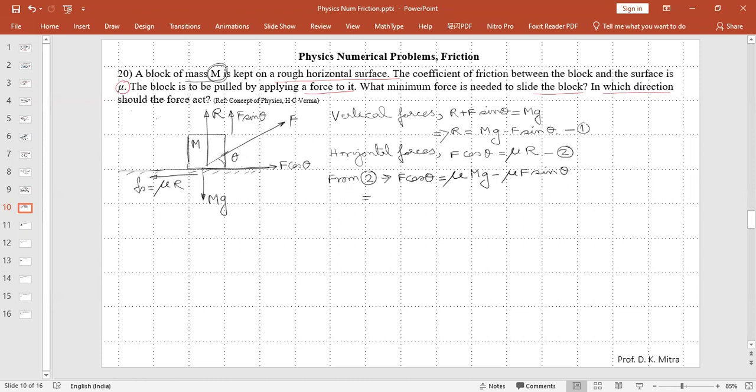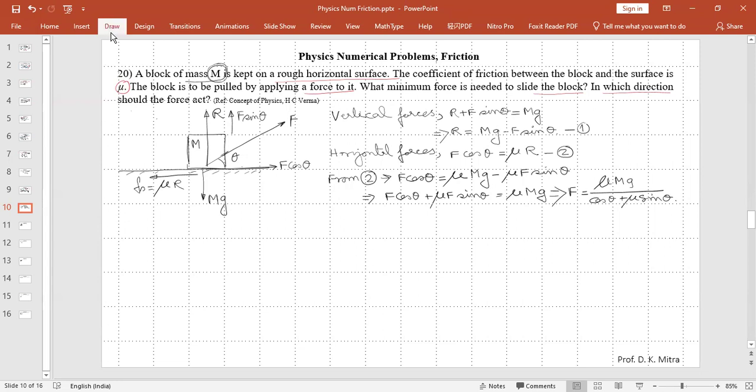From here we get F cos theta plus mu F sin theta is equal to mu Mg. What we get is F is equal to mu Mg divided by cos theta plus mu sin theta.